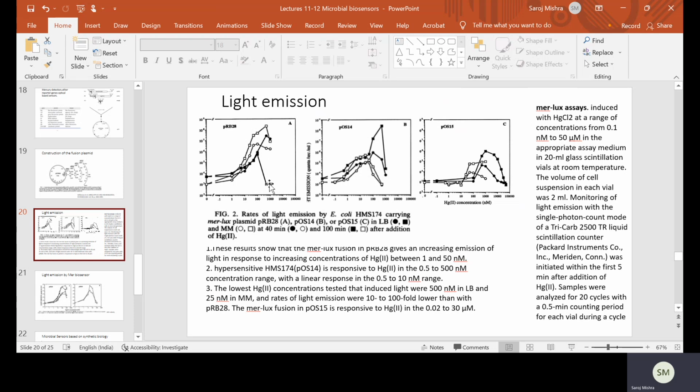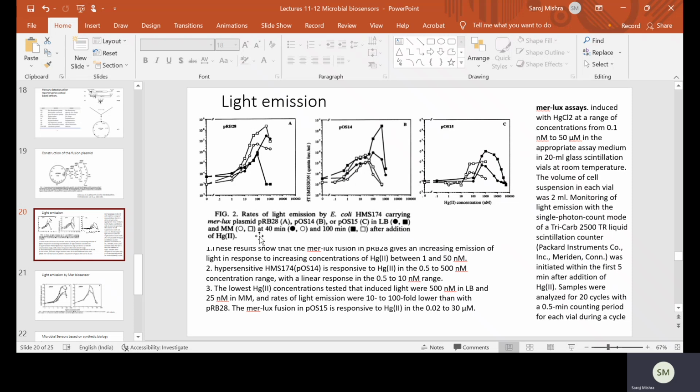Closed circle means that the data is generated after 40 minutes, and the squares mean the data is generated at 100 minutes. Similarly, if it is cultivated in the minimal medium and sampling is done at 40 minutes, you have open circle. If the sampling is done at 100 minutes, then you are going to have an open square right here, like it says, 100 minutes after addition of mercuric ions.